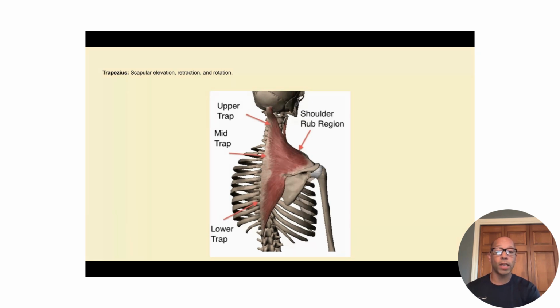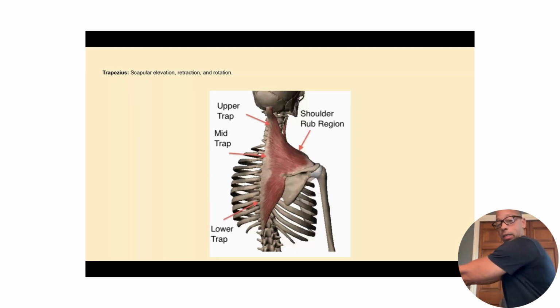So instead of elevating it, going up towards the skull, now it's going to be pulled inward towards the midline, towards the spine. That is retraction. So remember before that serratus anterior had an effect of pulling the scapula forward. That was protraction. Now we're going to go retraction of those shoulder blades. And remember, the retraction brings things back towards the midline.